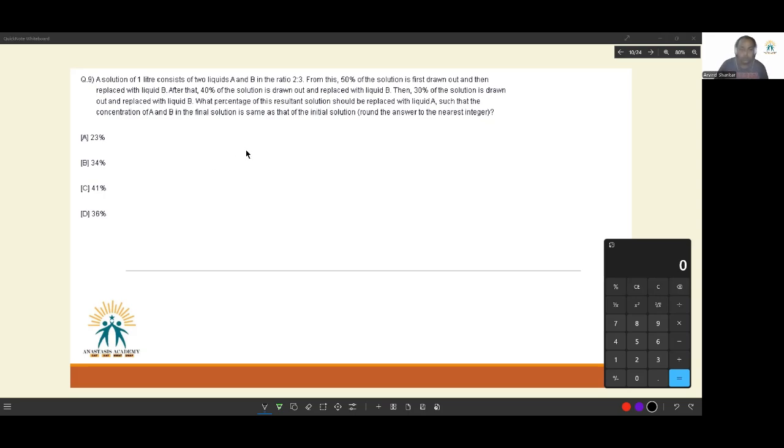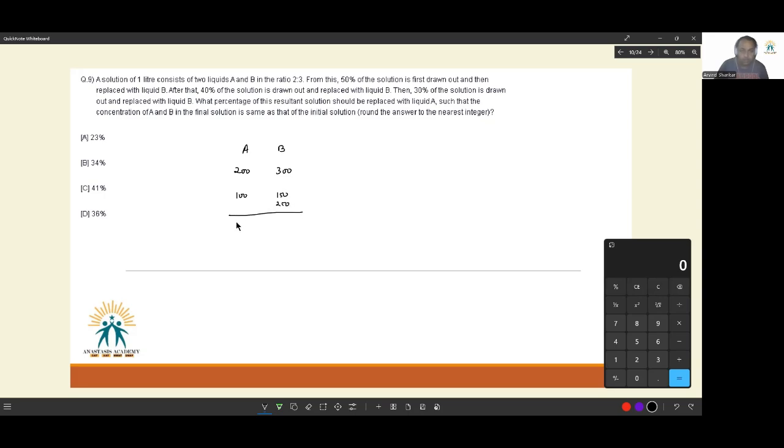Okay. So if A and B are there, you have, let's say, 200 liters of this and 300 liters of this. If 50% of the solution is taken out, 100 will be left here and then 150 will be left here, and it is replaced with B. So 250B will come in.